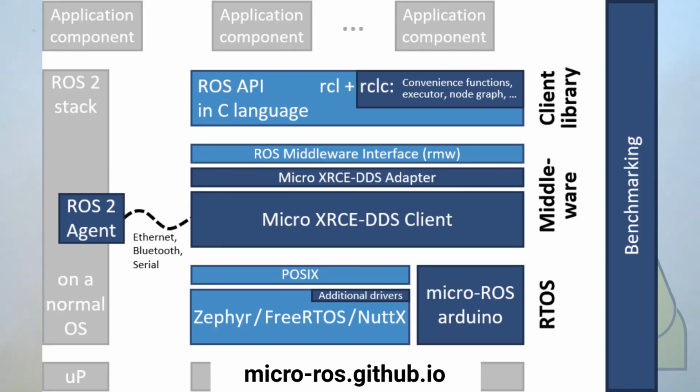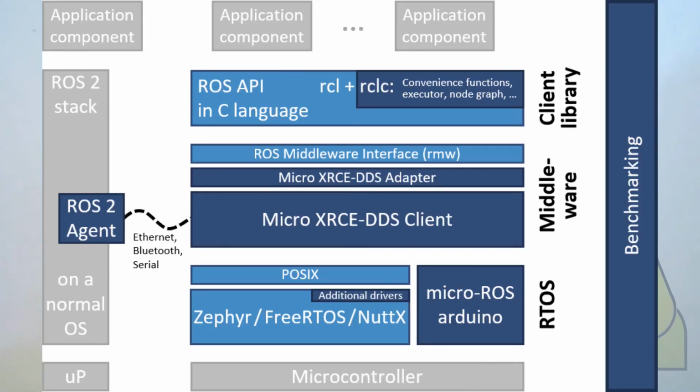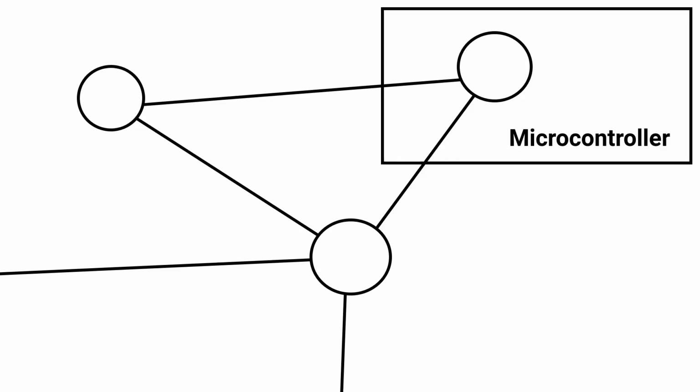ROS1 had rosserial to communicate with our microcontrollers. But in ROS2 there's micro-ROS since 2018. It is a kind of middleware to put on top of your RTOS. Then you can run maybe one node on your device that can communicate with the other nodes, maybe on your laptop or on the robot or elsewhere. Micro-ROS does not need that much computation power.